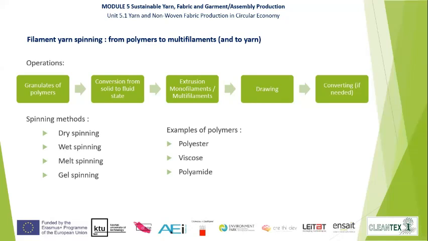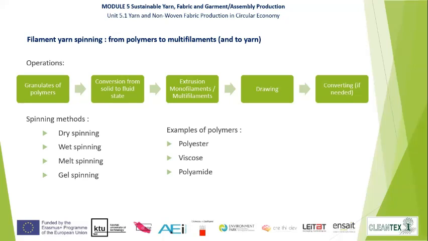Once they are in fluid state, we will extrude them to get monofilaments or multifilaments. We will draw the filaments to orient the polymer in the direction of the yarn, and we will convert, if needed, the filaments. Converting means cutting the filaments in little pieces.